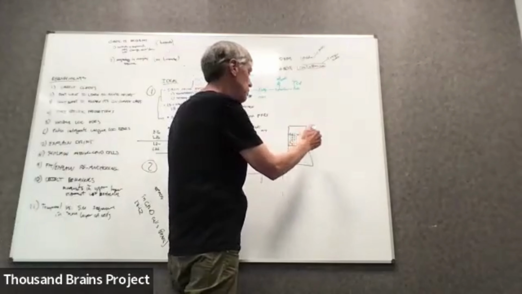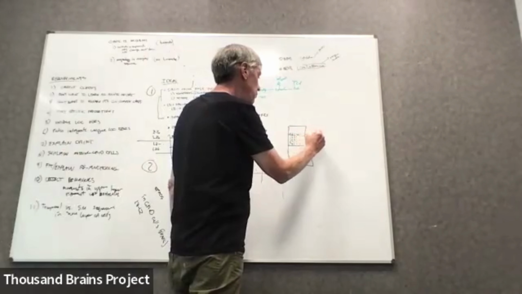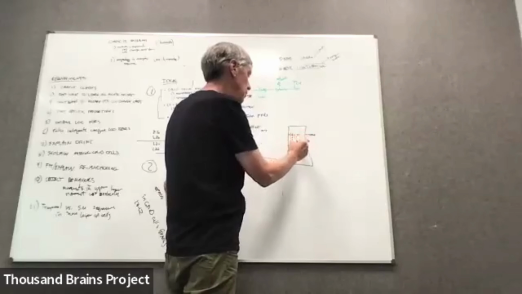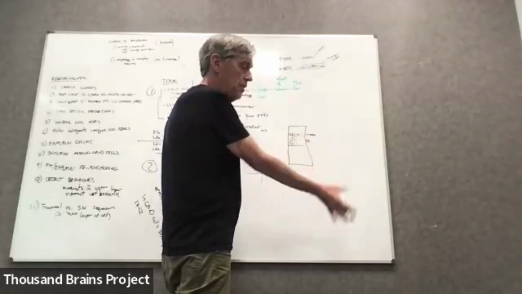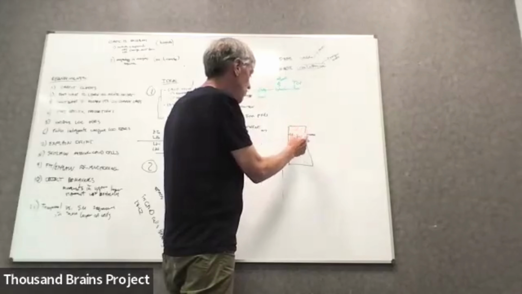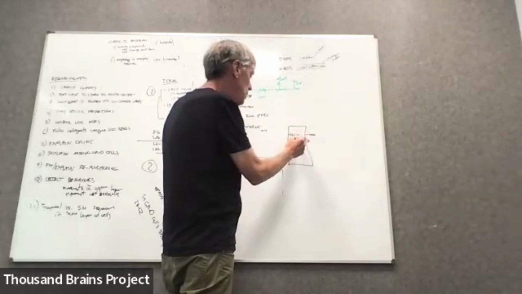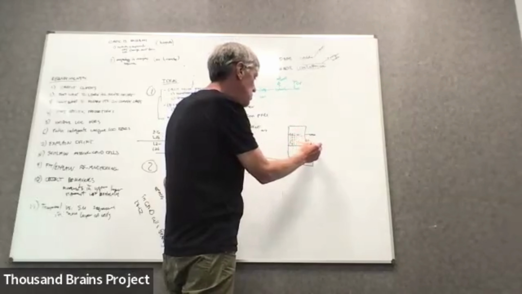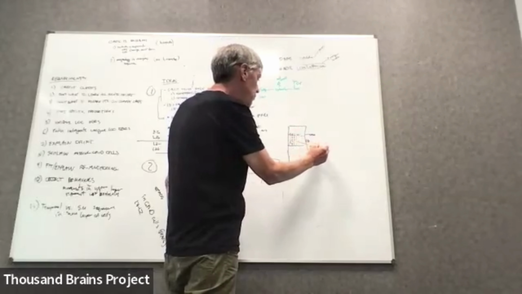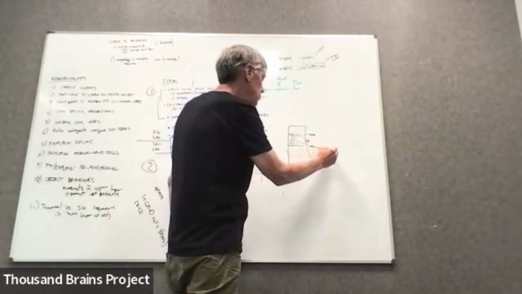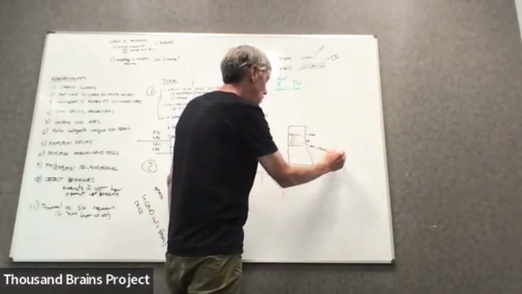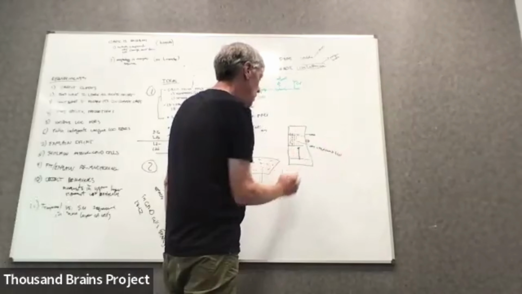It's pure orientation. And then these are the details of what is at that orientation at that location. So these cells would represent orientation plus feature plus location, because they're getting location from down here.